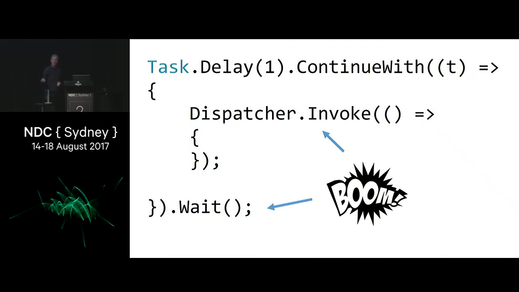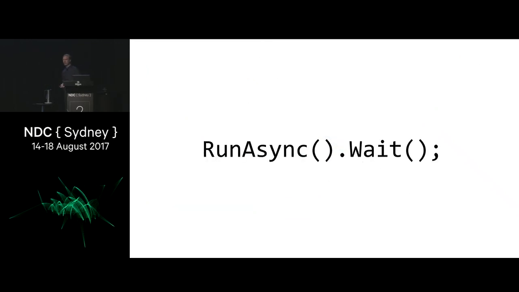An easier way for us to get a deadlock is to simply block our state machine. So I said earlier that if we do runAsync.result or runAsync.wait, the state machine that's keeping track of all the asynchronous operations is running on our calling context. So that means if we introduce this code here and do a wait, we're blocking it.